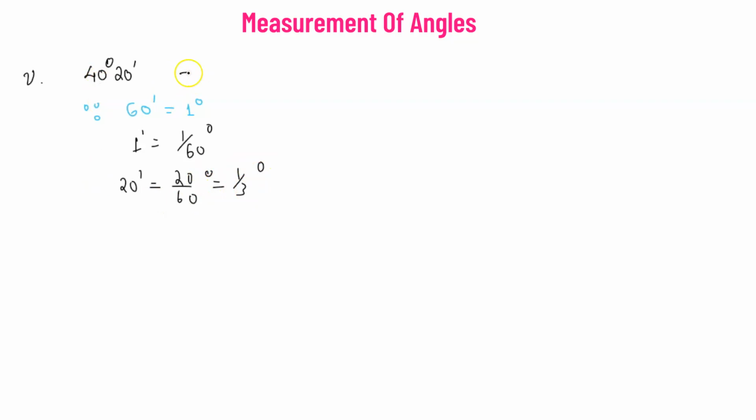So this is simply 40 and 1/3 degrees. Now 40 times 3 is 120, 120 plus 1 is 121. So we have 121 over 3 degrees.